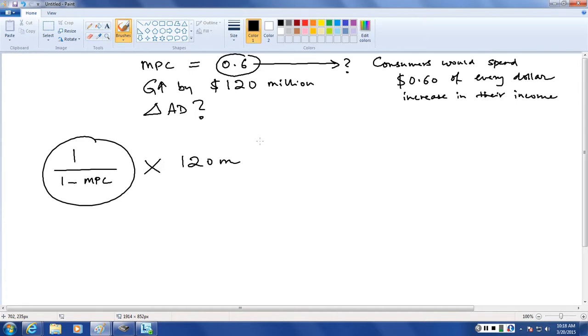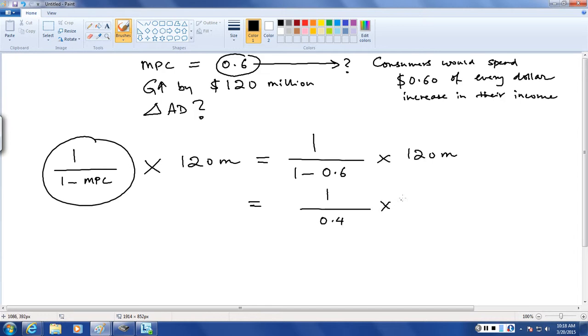So we basically calculate this. So this would be 1 divided by, what's the value of the MPC in our case? 0.6 times 120 million, which happens to be 1 divided by 0.4 times 120 million. And you can get rid of the decimal if you like, if you're doing this by hand.